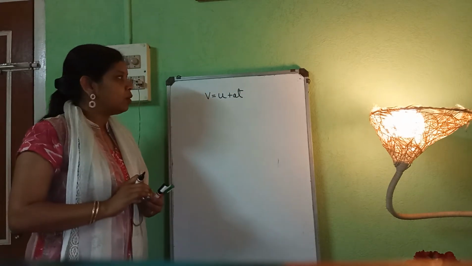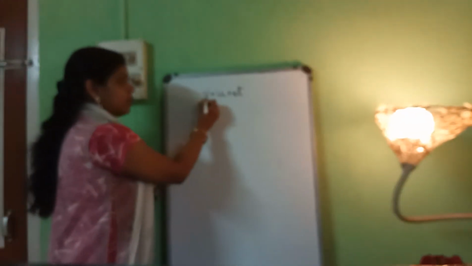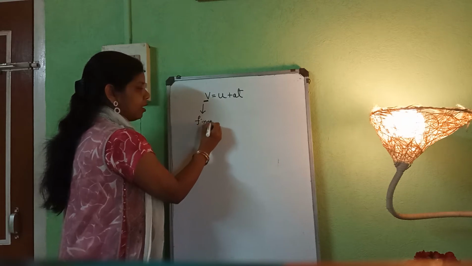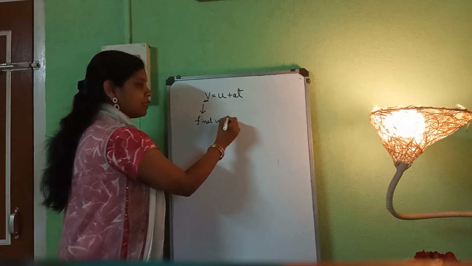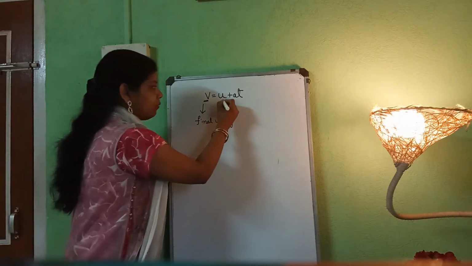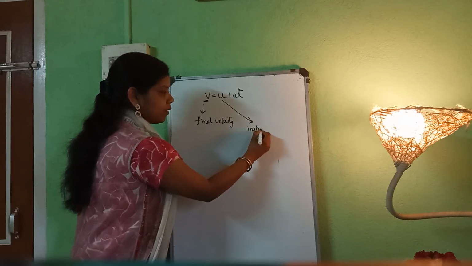Now, in this particular relation, V is what? V is the final velocity. If a car is moving, after a certain time it will have a certain velocity. And U is the initial velocity.